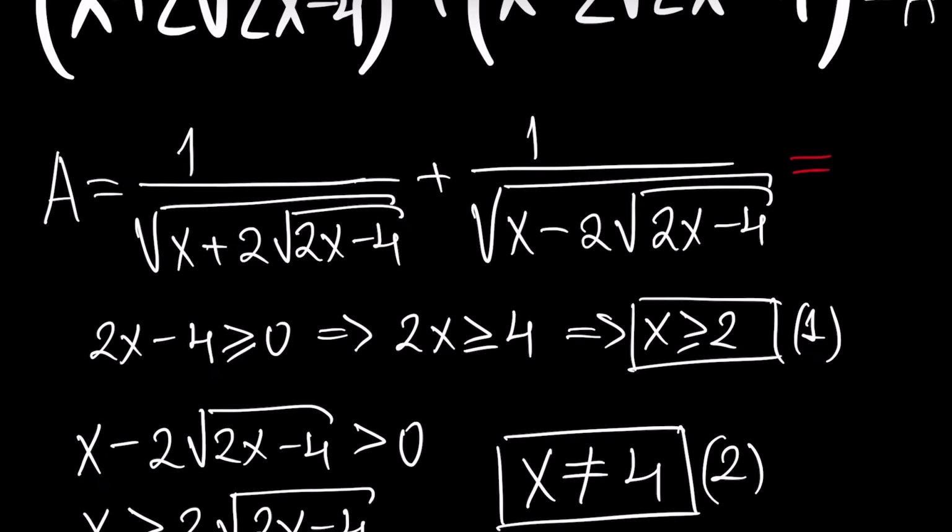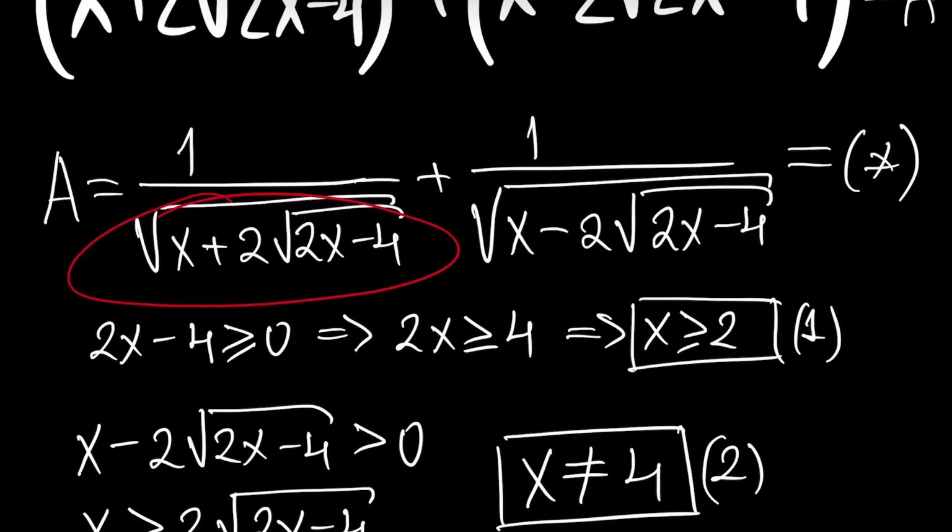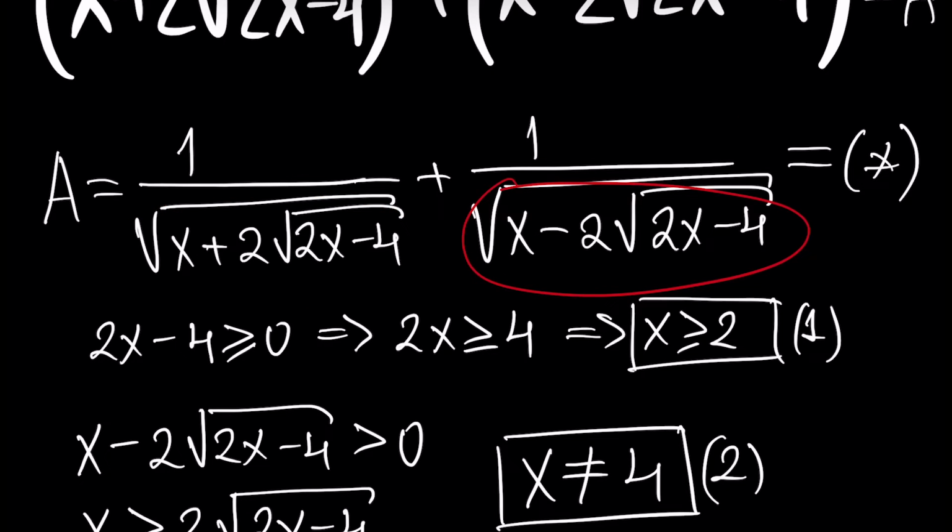And next, let's write our expression A and perform addition of our two fractions. If we add this fraction and this fraction, in the denominator we will have this multiplied by this, and in the numerator we will have this plus this. So let's rewrite it quickly.